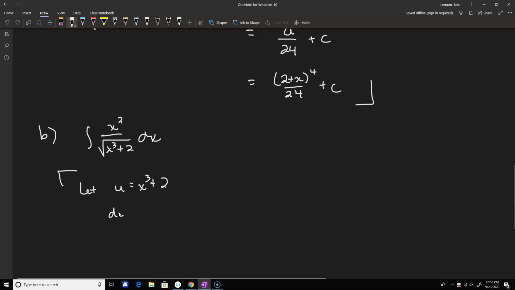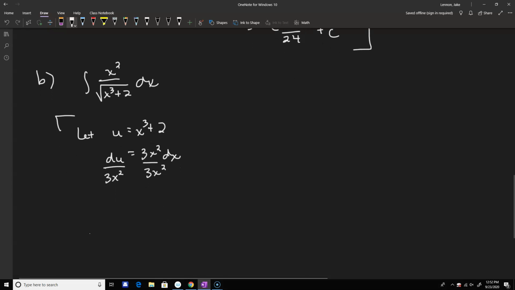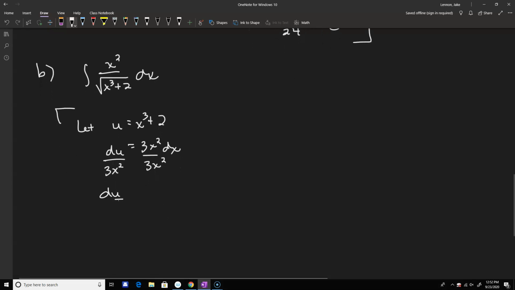So then du is just 3x squared times dx, the differential for x. Divide both sides by 3x squared, and we have du over 3x squared is equal to dx.